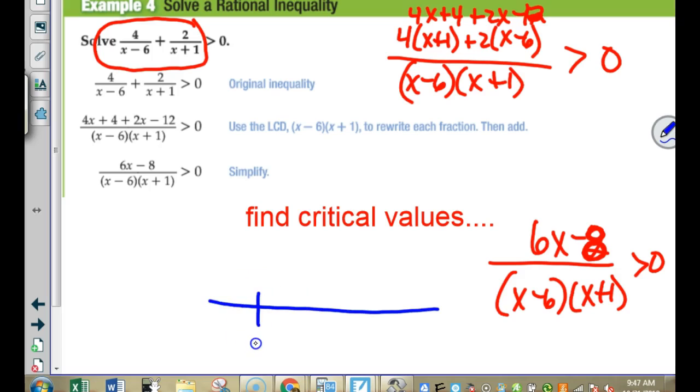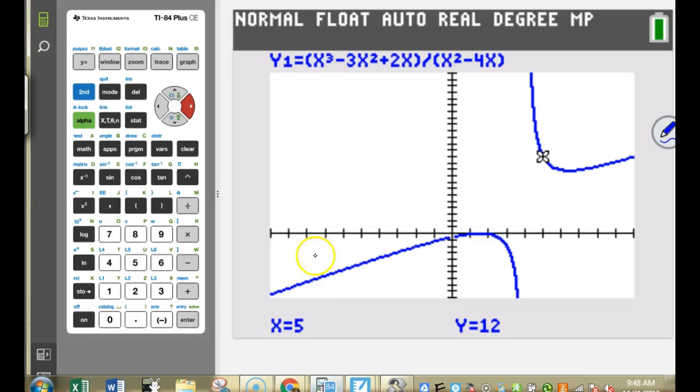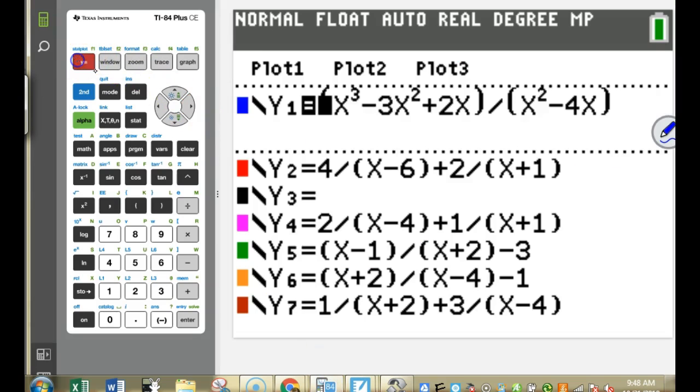Okay, so if we were graphing this, it would have a vertical asymptote at -1 and +6, and it would have a 0 at what's 6x minus 8 equals 0? 4/3, which is a positive value greater than 1, right? Then you're going to pull out your calculator and graph it. You don't have to do this one. I did it for you if you just want to watch.